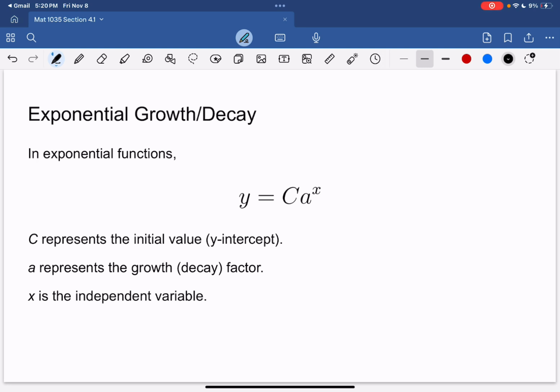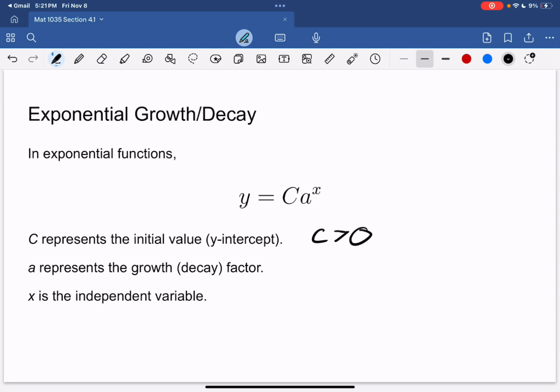One thing about that initial value is it's always going to be positive. For the context of this class, most of the time we're going to talk about money or populations. So you always have to start with some kind of money to grow any interest, and you have to start with some kind of population to then have reproduction in that population.